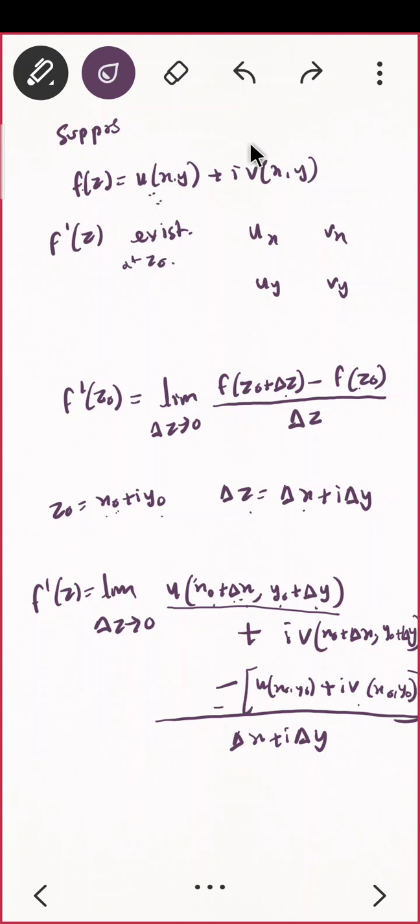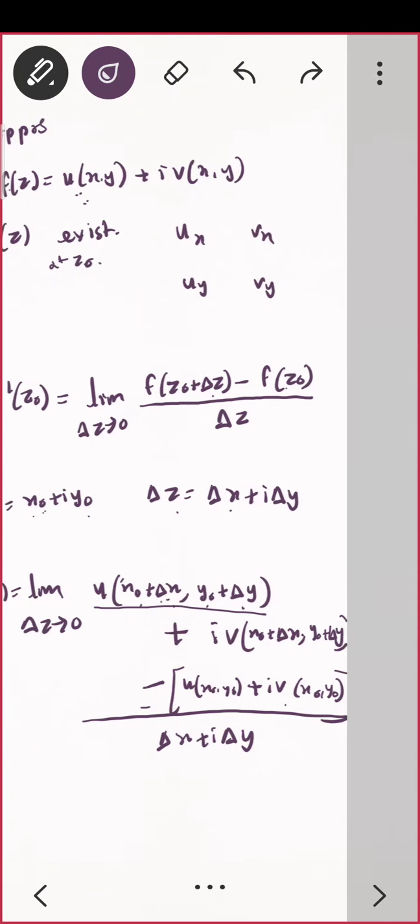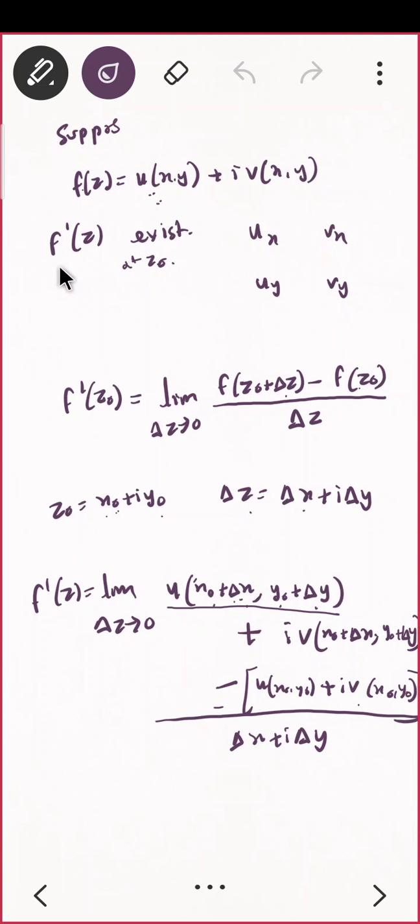Before that, you see that delta z tending to 0 means delta x comma delta y are also tending to 0. And you are given that the derivative exists, that means this limit exists.